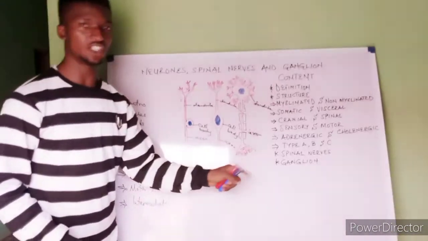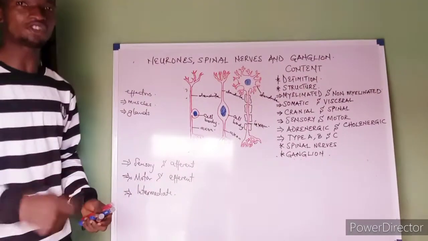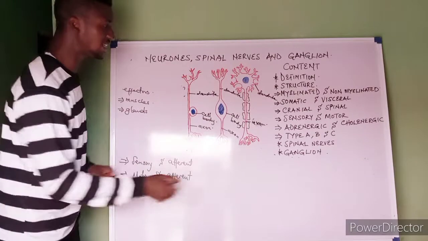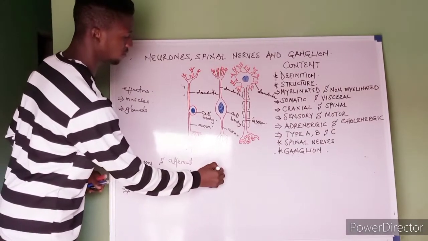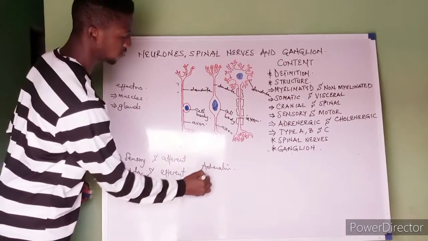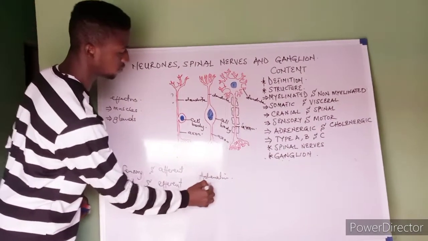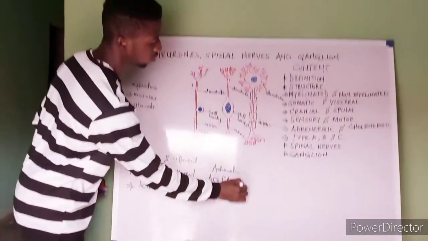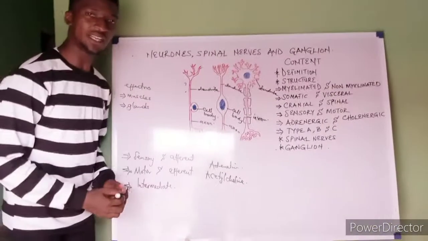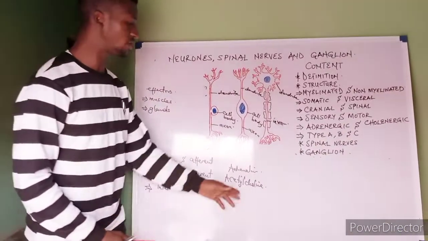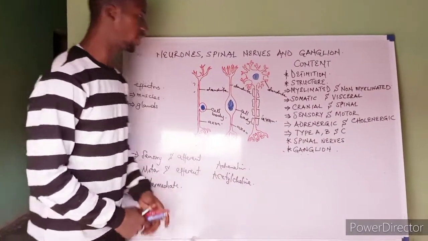When you hear the word adrenergic, it means that the neurotransmitter produced by this nerve cell is either adrenaline or acetylcholine. If it is adrenaline, it is called adrenergic, and if it is acetylcholine, it is called cholinergic.